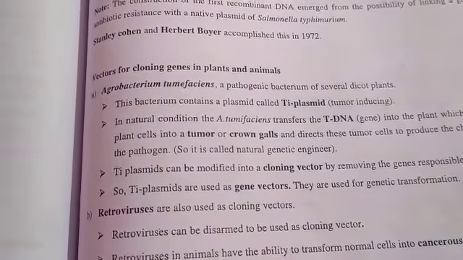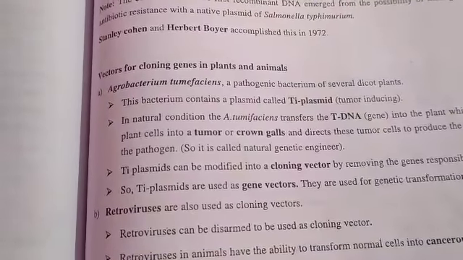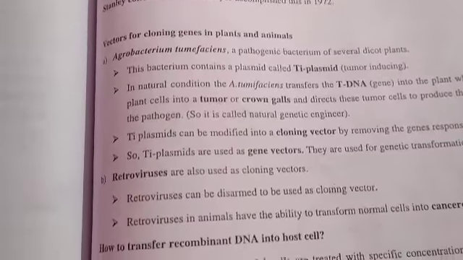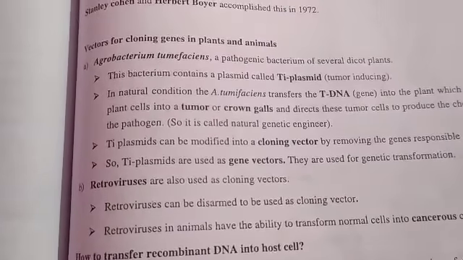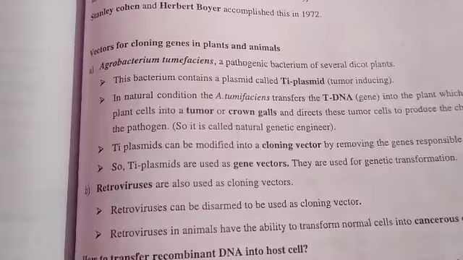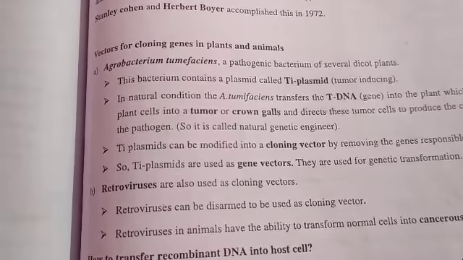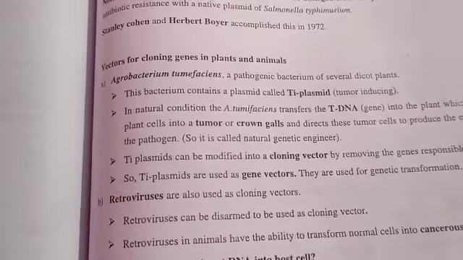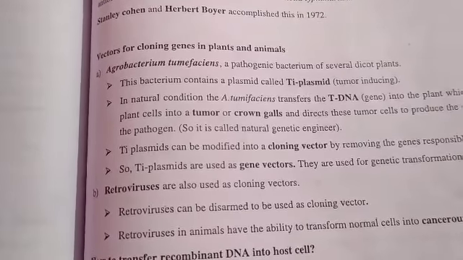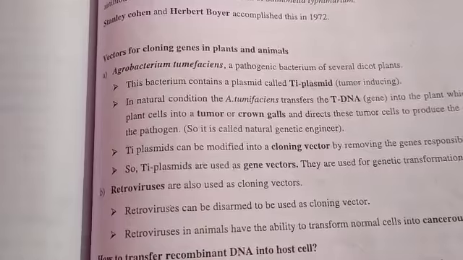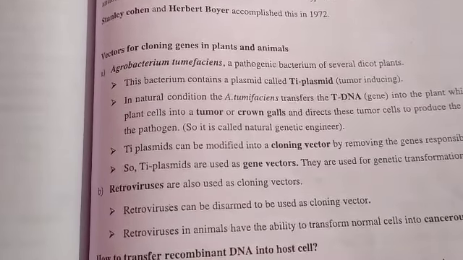Vectors for cloning genes in plants and animals. There are two vectors, Agrobacterium tumefaciens and retroviruses. Agrobacterium tumefaciens is a pathogenic bacterium of several dicot plants. This bacterium contains a plasmid called the Ti plasmid, tumor inducing.